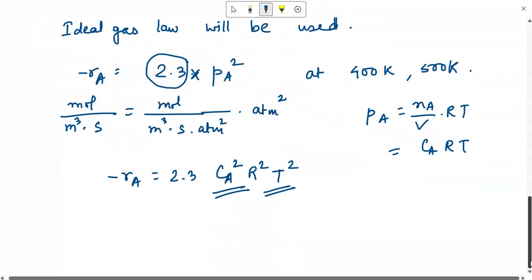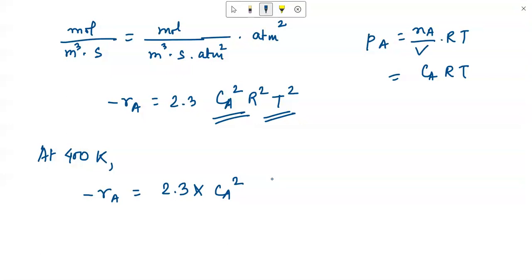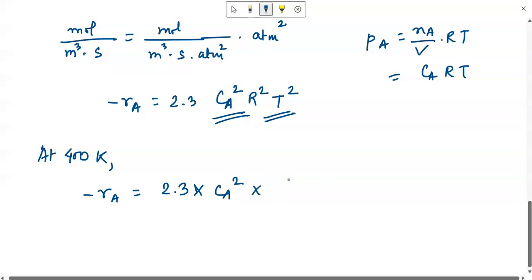Now if you do the mathematical study at 400 Kelvin, you will write minus rA equals 2.3 multiplied by cA square into the appropriate value of R. Here we have meter cube atmosphere per mole Kelvin, so accordingly you choose the value 82.06 into 10 to the power minus 6, multiplied by 400 square.